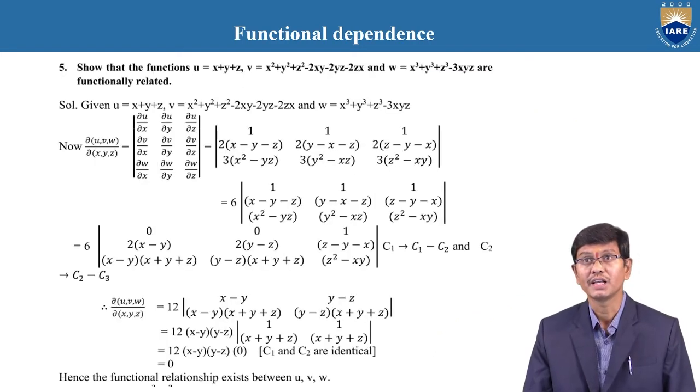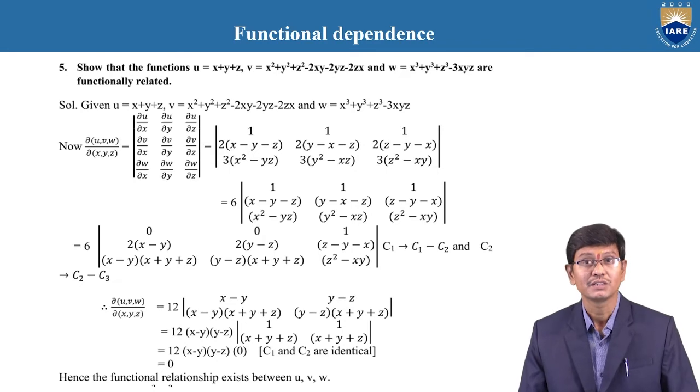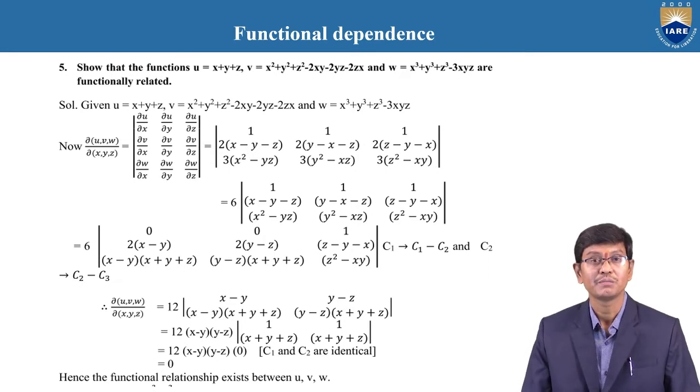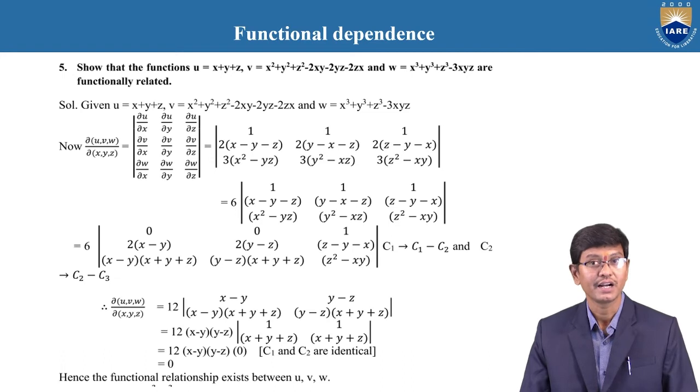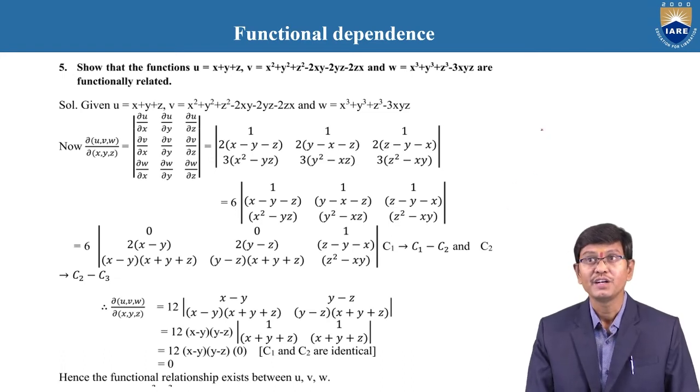Next, show that the functions u is equal to x plus y plus z, v is equal to x square plus y square plus z square minus 2xy minus 2yz minus 2zx, and w is equal to x cube plus y cube plus z cube minus 3xyz are functionally related. That means here also we need to find the determinant of the given matrix.